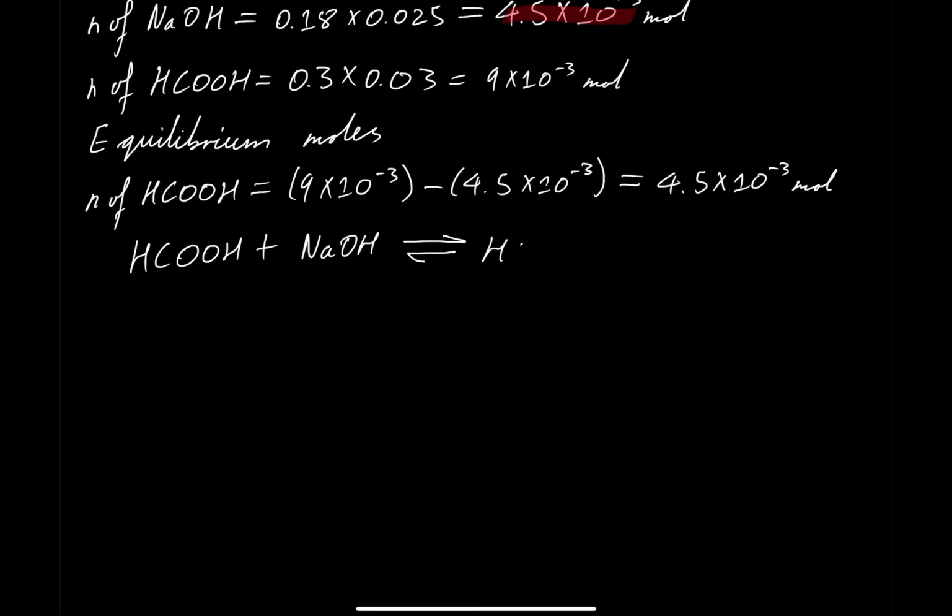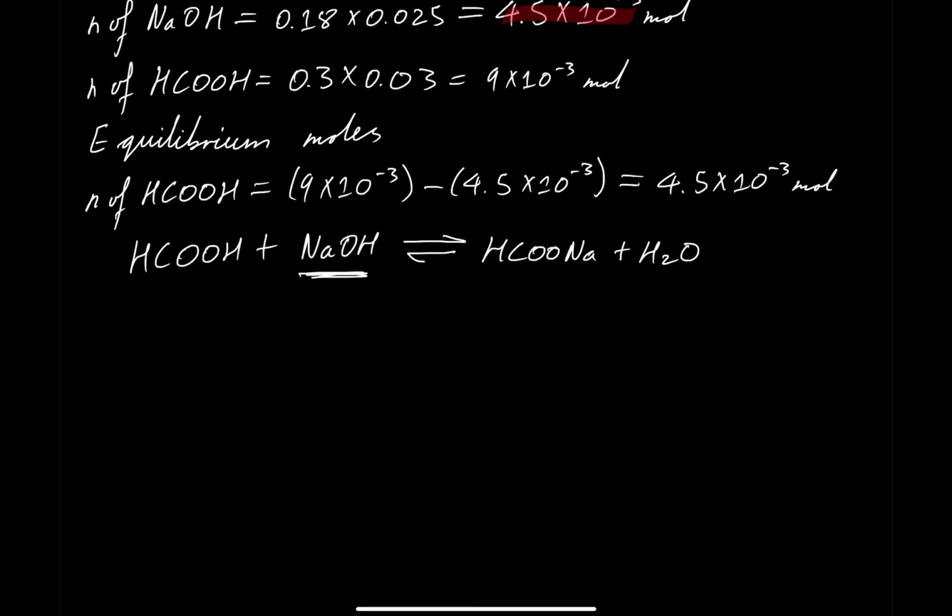So we'll have HCOONa plus water, right? The sodium hydroxide is considered the limiting factor because all of it gets used up, whereas the methanoic acid here is the one that's in excess.